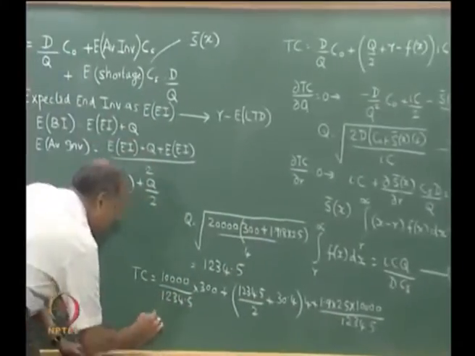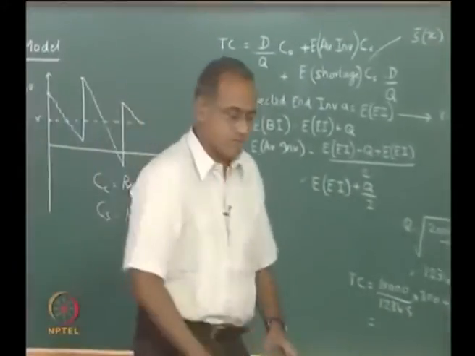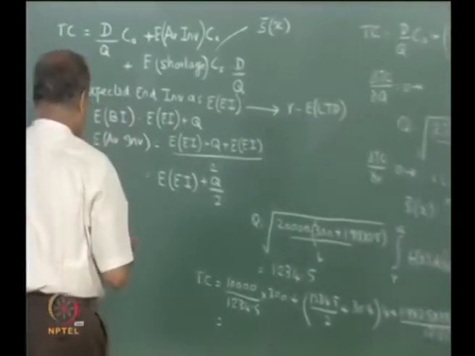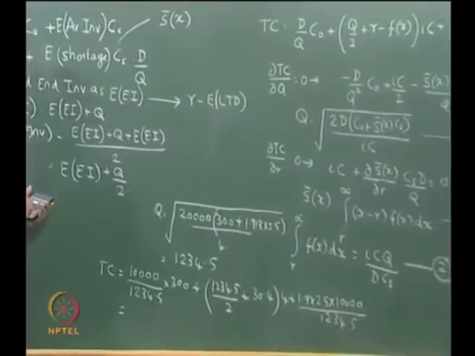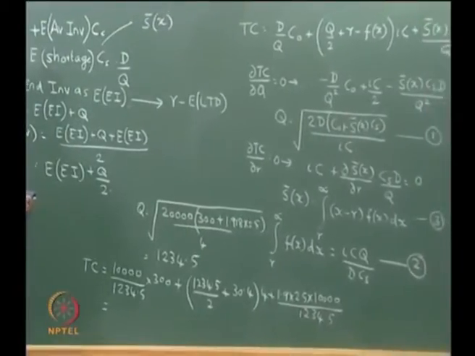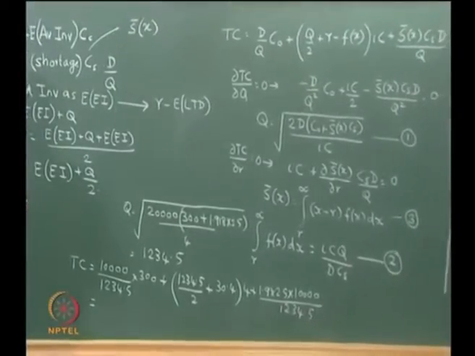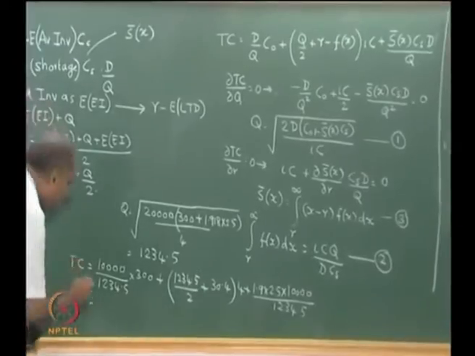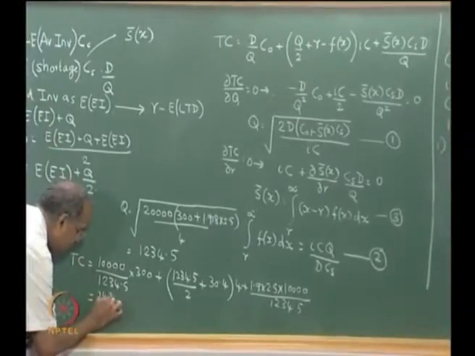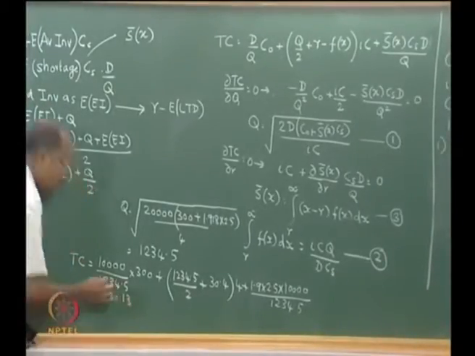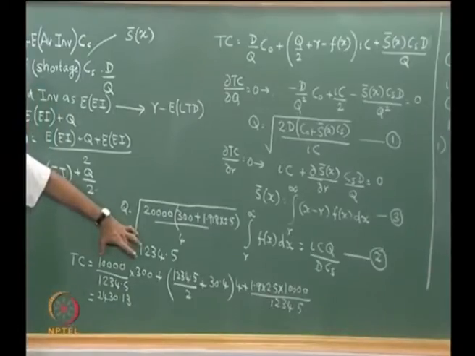So, this on computation would give us 2430.13, which is the order cost component.